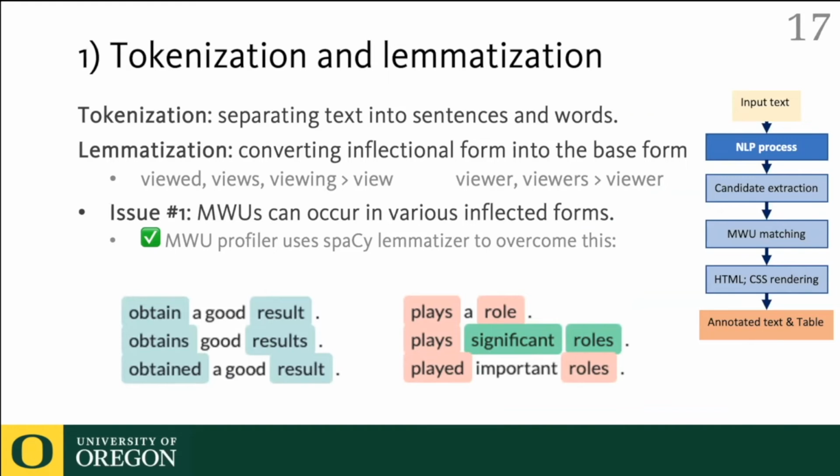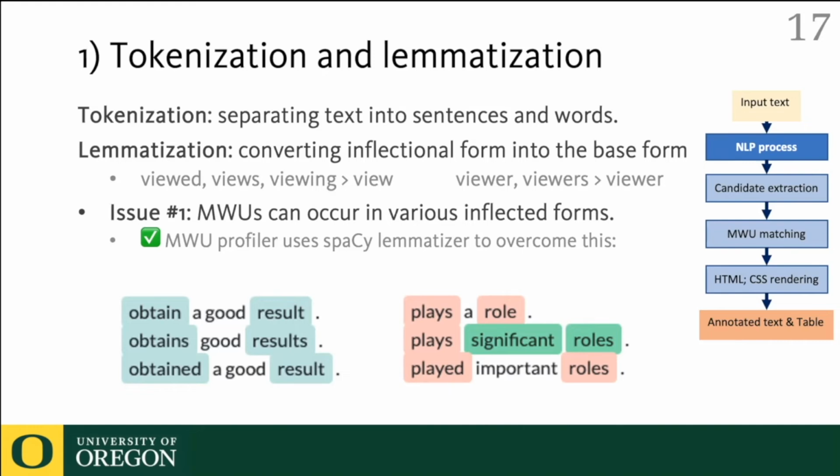Lemmatization is the process of converting inflectional forms into a base form. For example, viewed, views, viewing in this example are converted into view, and viewer and viewers are converted into viewer. So it's a process of stripping inflectional morphemes, but retaining the derivational morphemes.